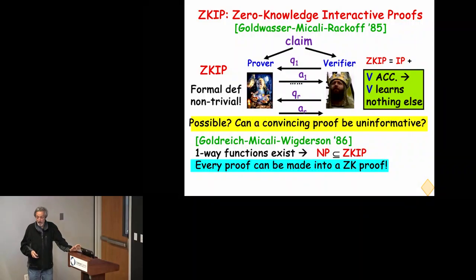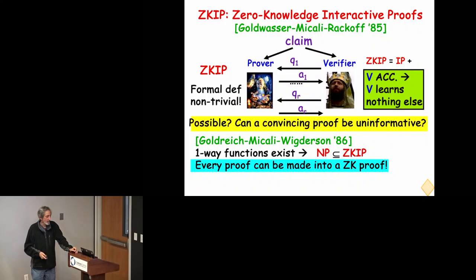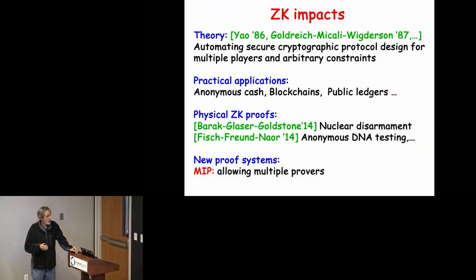So this is a theorem under this assumption that we all believe if we shop online, right? So under cryptography, such proofs are possible, and this led us to another proof system. I should mention that these zero-knowledge proofs are a very important concept, and it has theoretical applications. It's absolutely critical in designing cryptographic protocols in general.